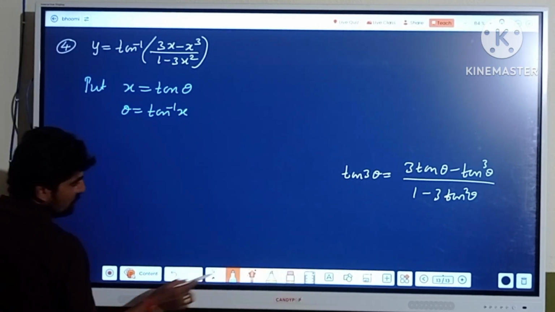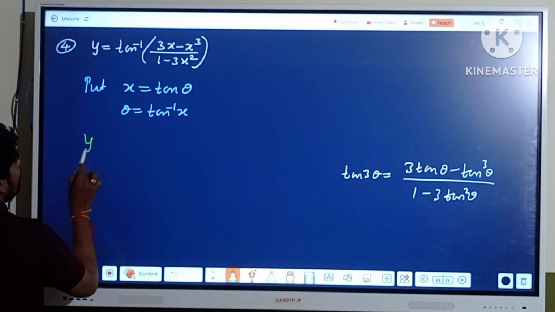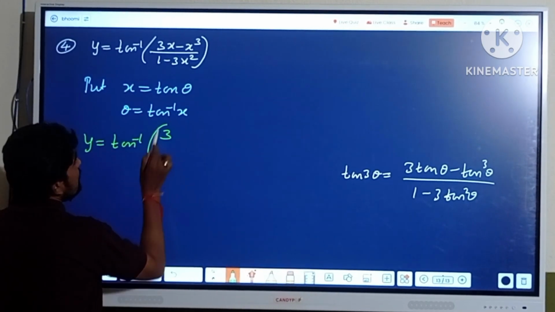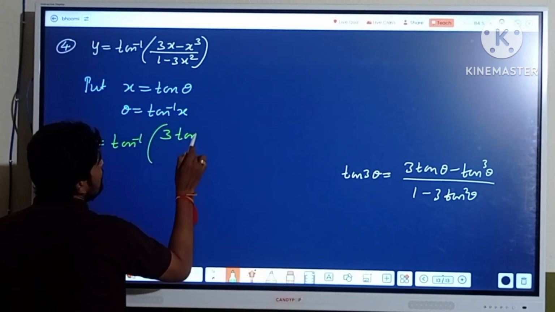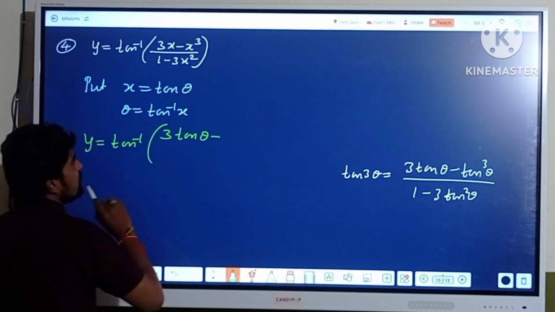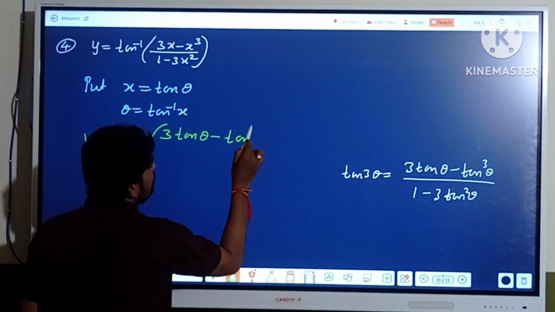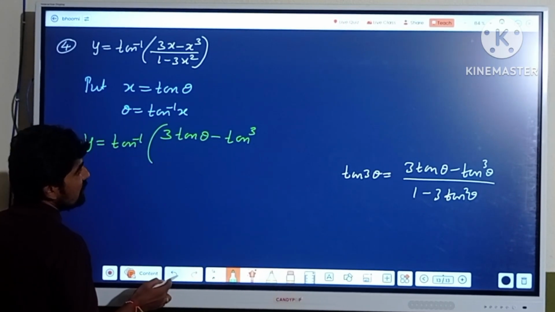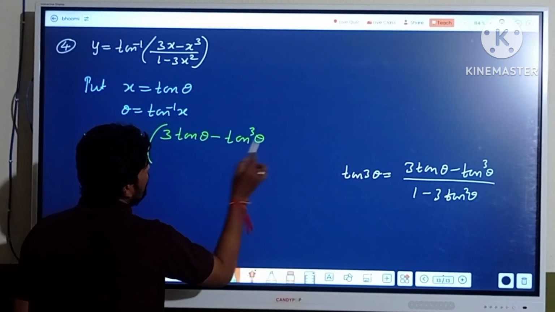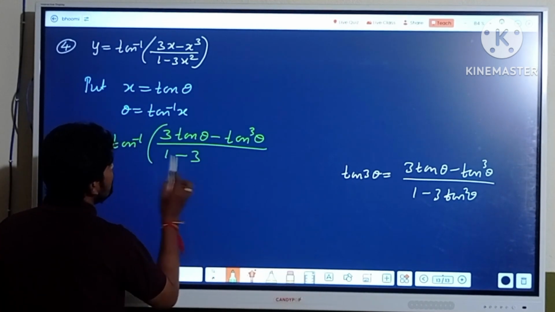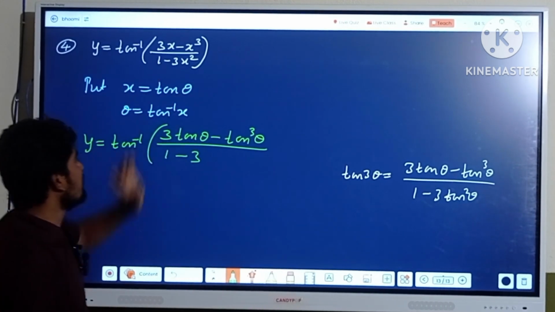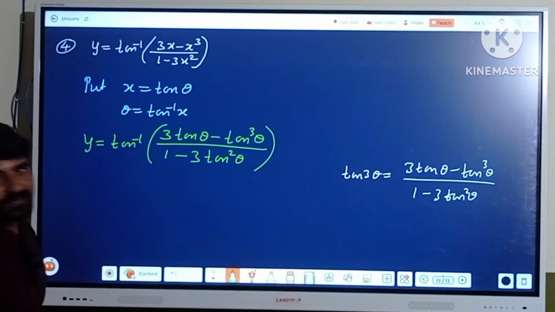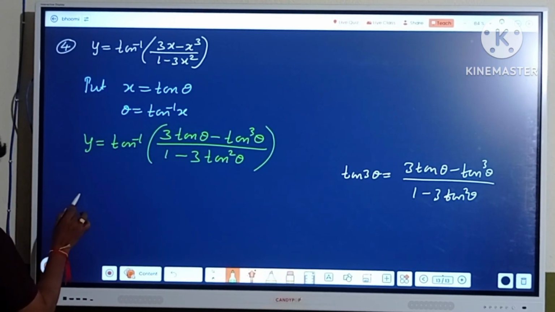Therefore y is equal to tan inverse of 3 into x, where x is tan theta, minus x cube, which is tan cube theta, divided by 1 minus 3 into x square, which is tan square theta. I hope all of you are understanding.